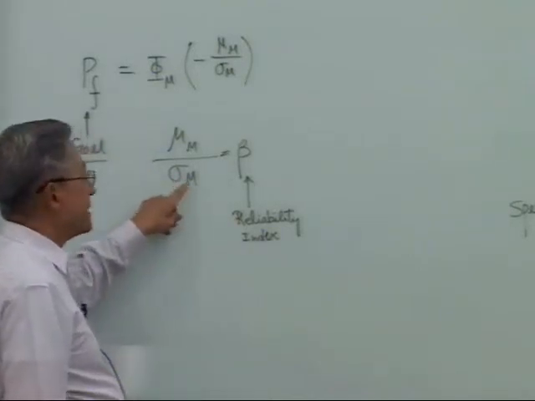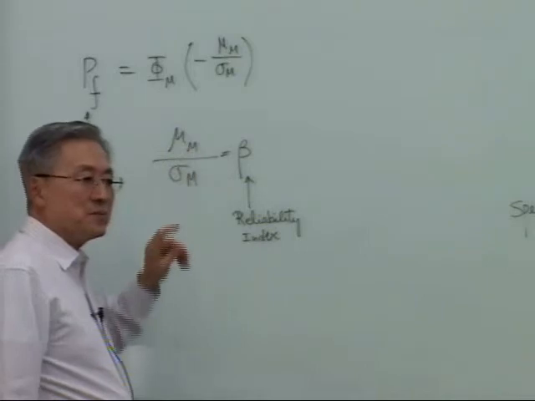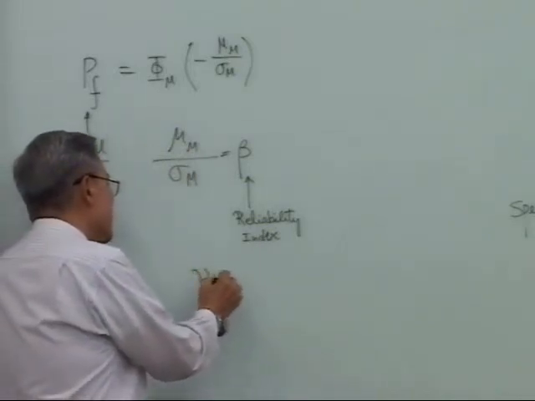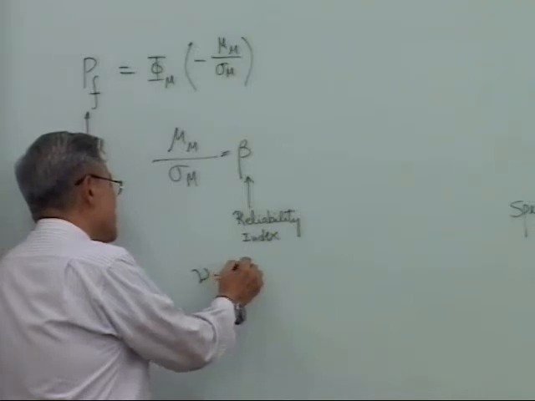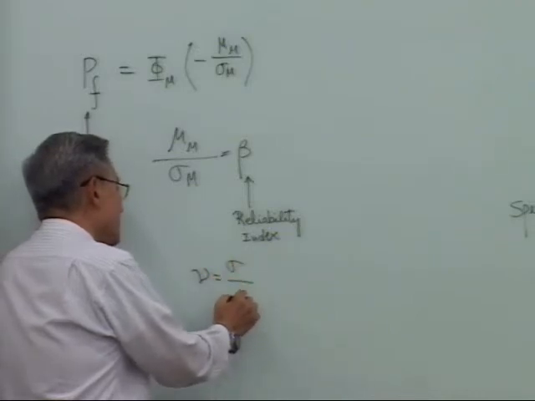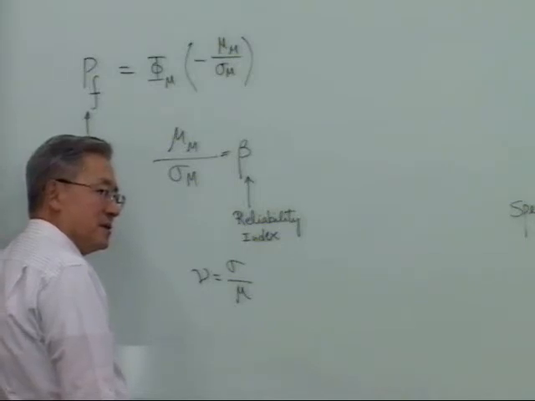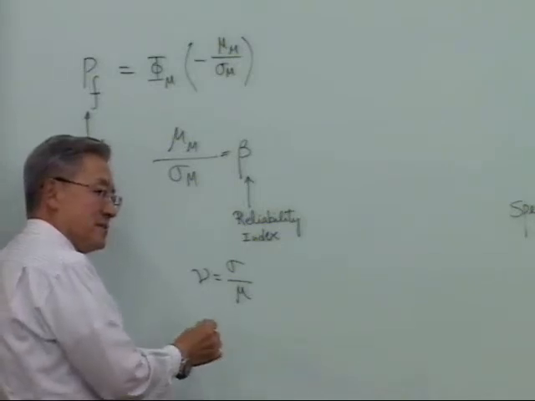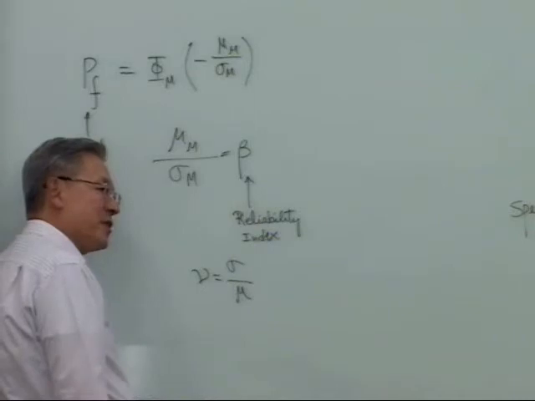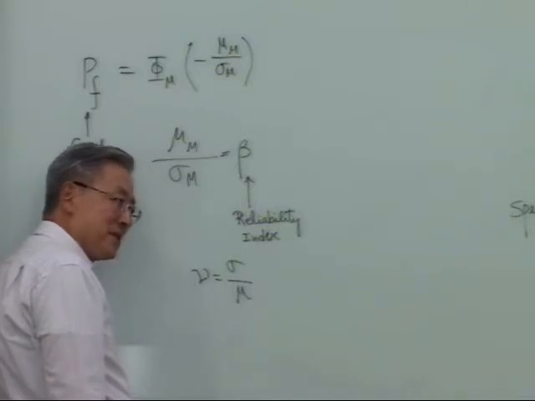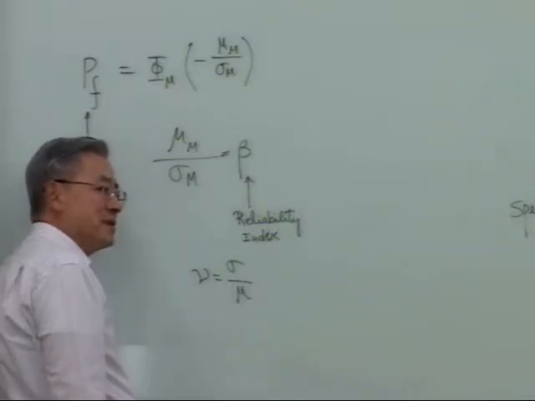It's sigma m over mu m. What's the usual value of sigma over mu? Yes. I'm glad you really woke up this morning. This is called the coefficient of variation.